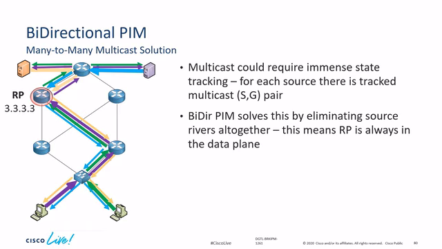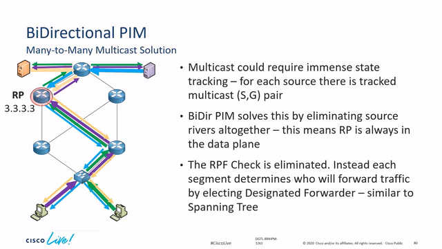Because we're not tracking sources anymore, we're not doing RPF checks either. And because we're not doing reverse path forwarding checks, we have kind of a weird problem where we can get loops everywhere. And so we solve this by making the rendezvous point itself part of the forwarding plane, if you will, for the multicast feeds.